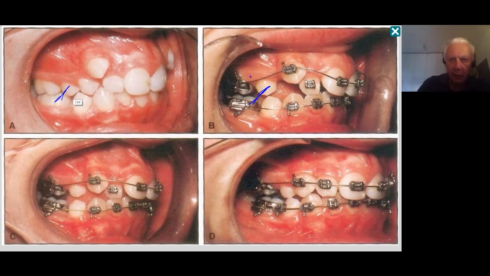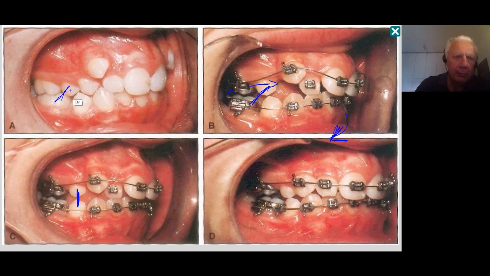One is that we have a push of the molar, pushing the premolar mesial, but even more important, we have a posterior rotation of the mandible because of the pre-contact. So we have a rotation of the mandible.